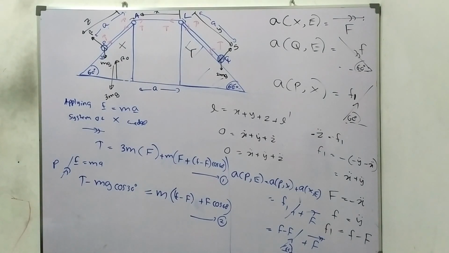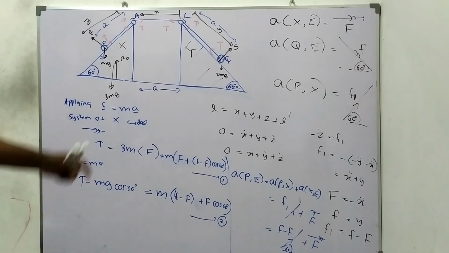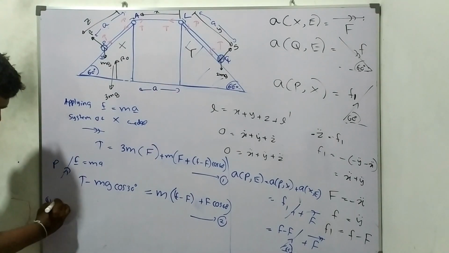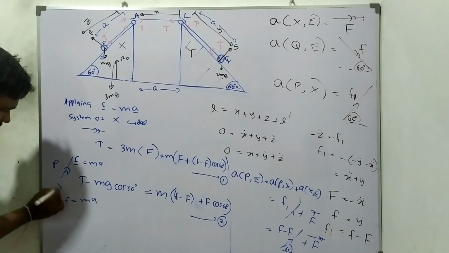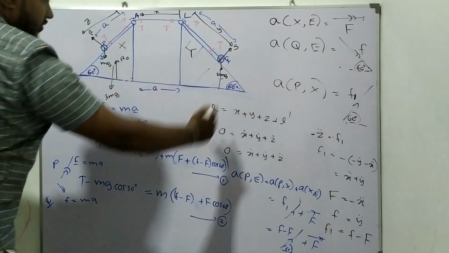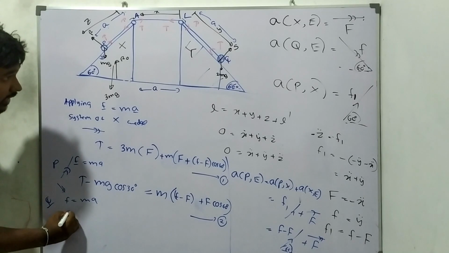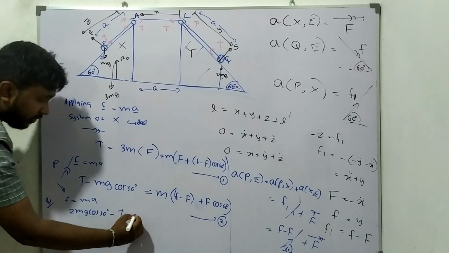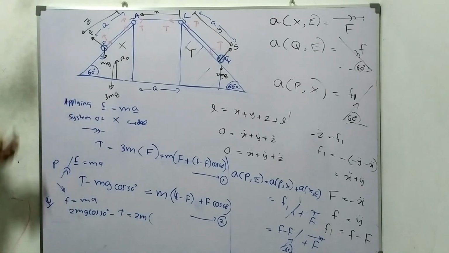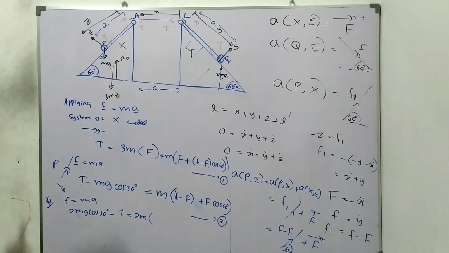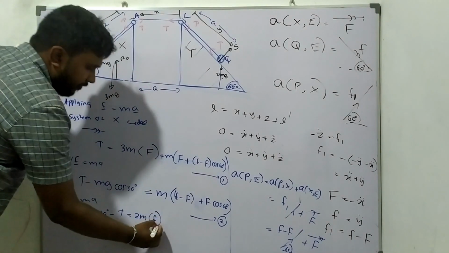Okay, so then, next and last one, F equals ma for this Q particle. So Q, F equals ma for the down. This is 2mg cos 30 minus T equals 2m. The acceleration of Q is simple f, just only simple f.